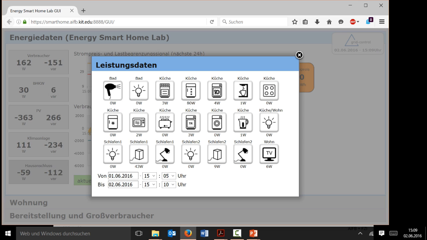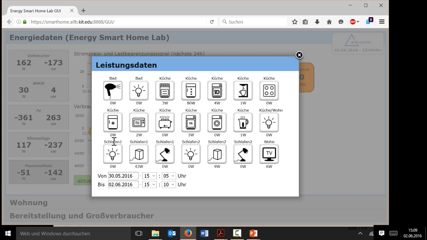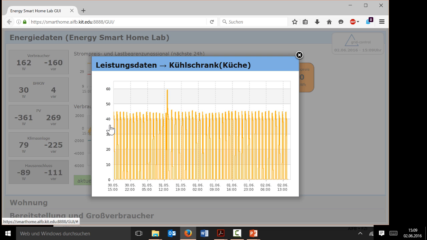We can look at all the devices in the house. I can say I would like to see what happened this week so far. Did they actually use some device there, or we could look at the fridge. This is a typical power profile of a fridge.